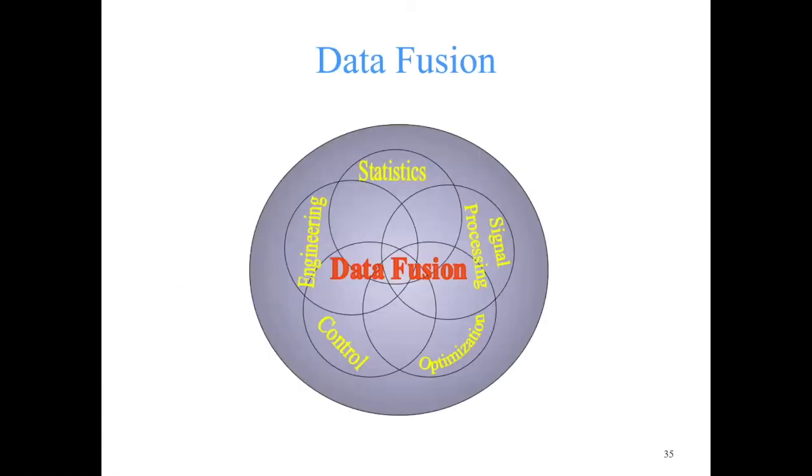And another field that is emerging in quality control is popularized by the name data fusion. Fusion is a word that we use for when a lot of things connect and unite to produce something with more information, with better information.